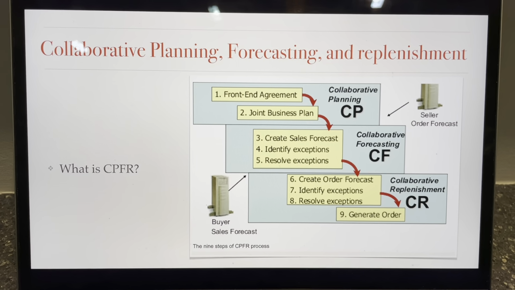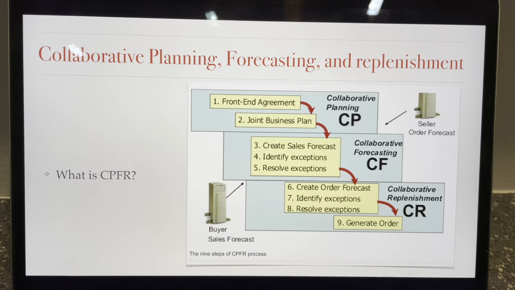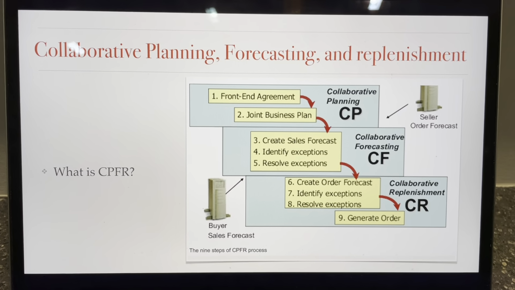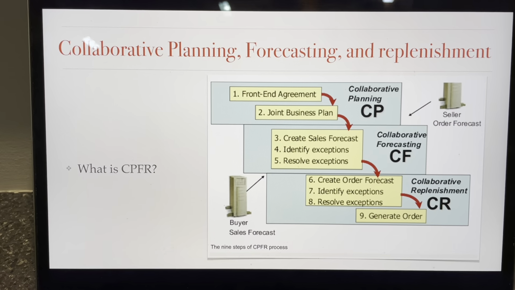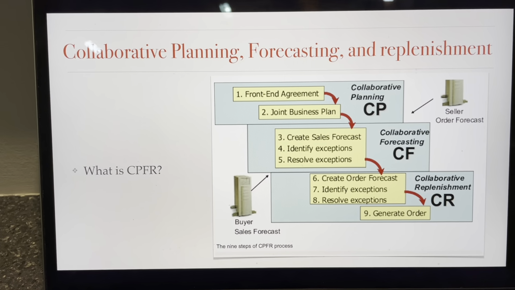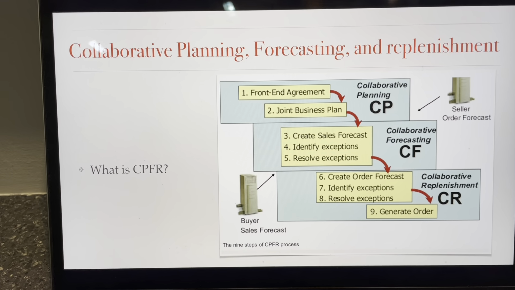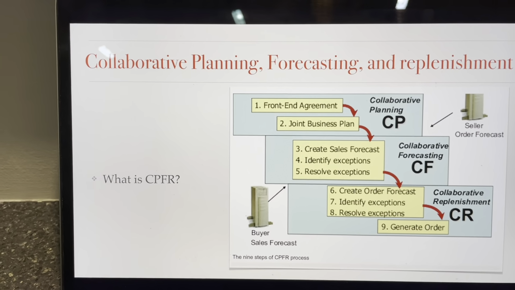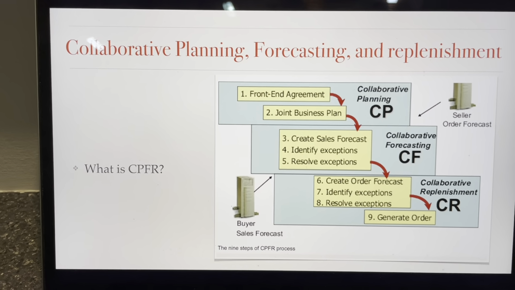In the forecasting, we can see there are also some small steps, like create a sales forecast, identify exception, resolve the exception. In more detail, it will be identify exception for sales forecast, then resolve the exception, and create order forecast. Identify exception for order forecast, then resolve the exception. Basically, it just finds the sales forecast exceptions and resolves them.